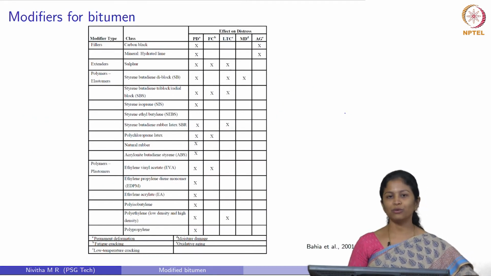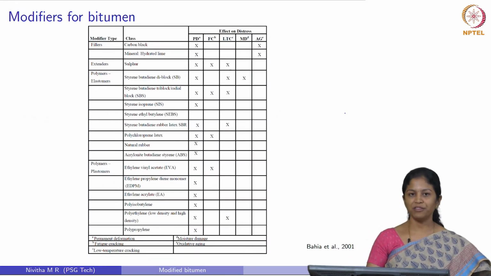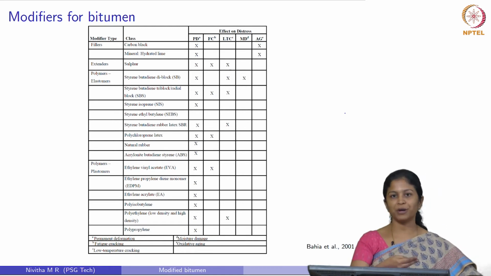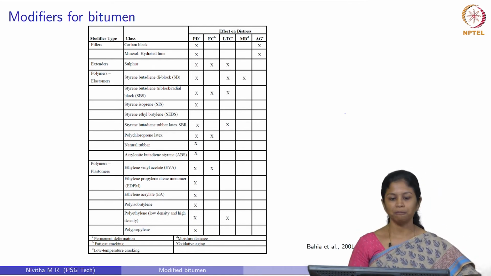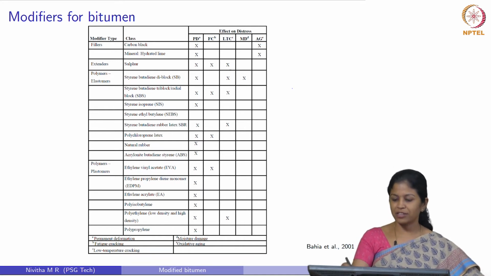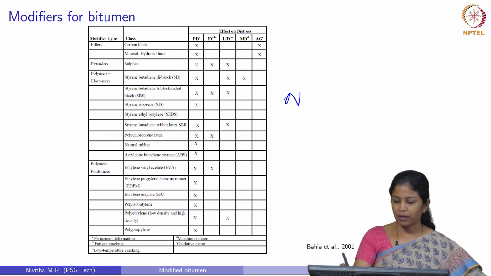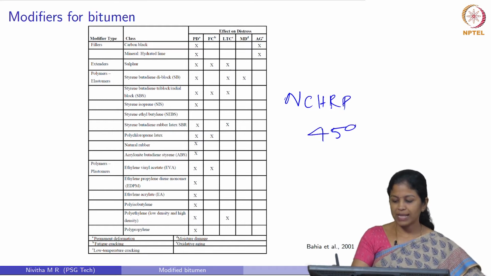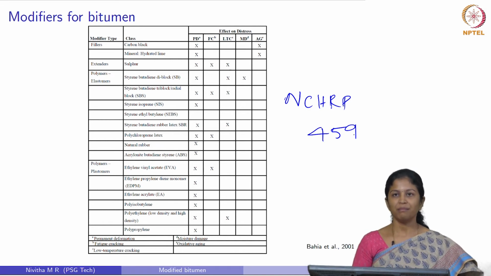Now, let us look into the commonly available modifiers for bitumen to address those requirements and few others also. This is a very comprehensive table which is given in the NCHRP report NCHRP 459 by Bahia et al.